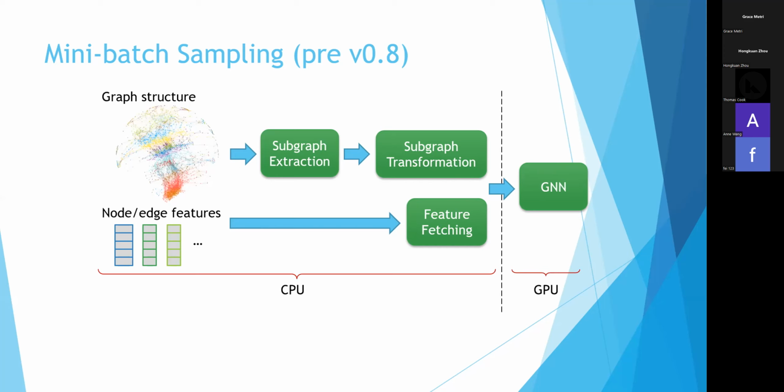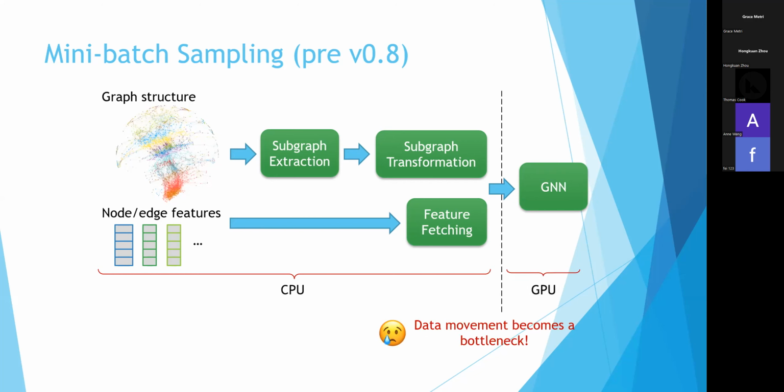Since a graph is sparse and interconnected, once you have a node, it's very likely that after several rounds of neighborhood exploration, you will touch a lot of data. That's why for this kind of pipeline setup, the data movement between CPU and GPU becomes a bottleneck.